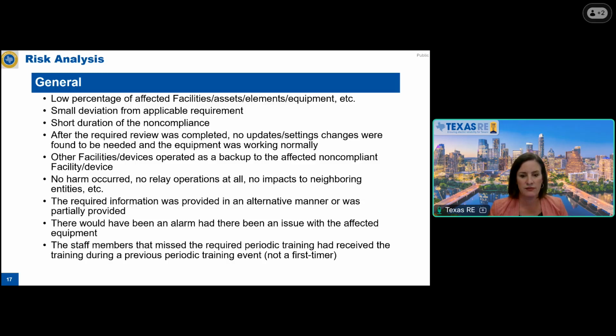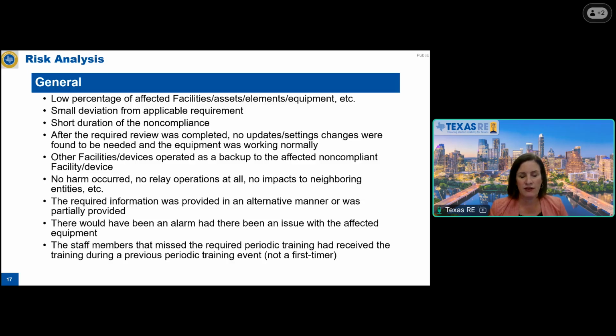Perhaps you failed to patch, but you patched the next day or within a couple of days rather than within several months. That would definitely decrease the risk. Another option: after the review was completed, there were no updates or setting changes found to be needed and equipment was working normally.